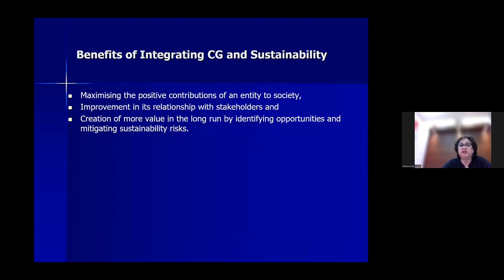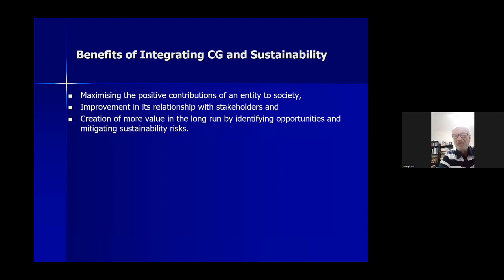Because as I mentioned earlier, there are benefits of integrating corporate governance and sustainability, because this can help in maximizing the positive contribution of an entity to society. It can help in improving the relationship of an entity with different stakeholders, and it can also help in creation of more value in the long run by identifying opportunities and mitigating sustainability risks.